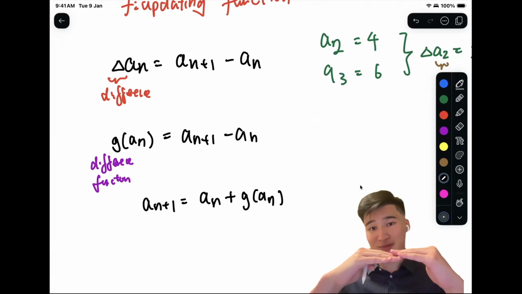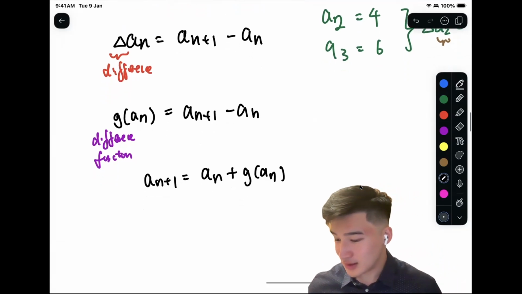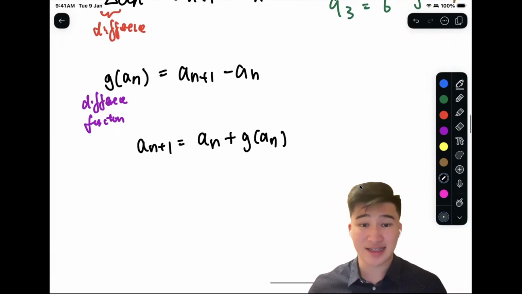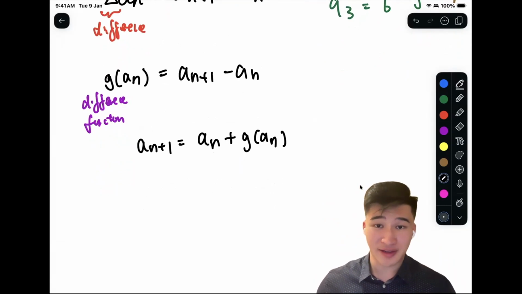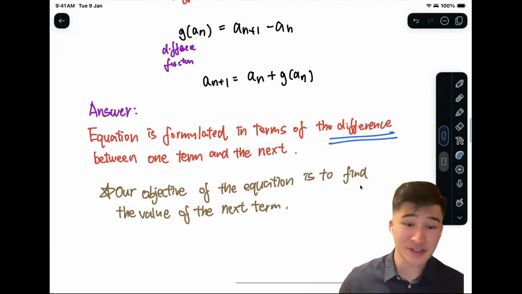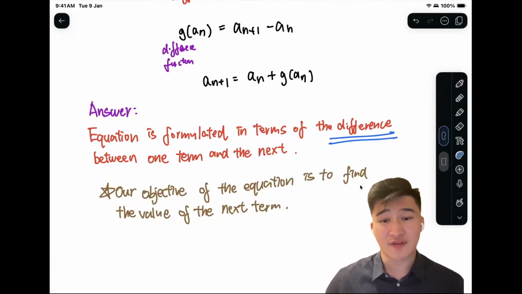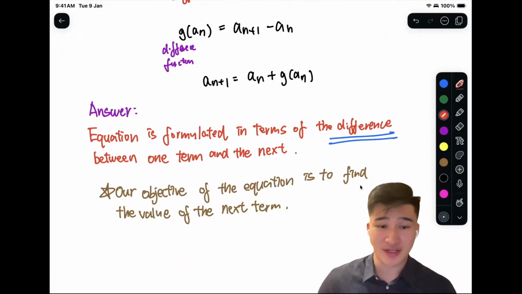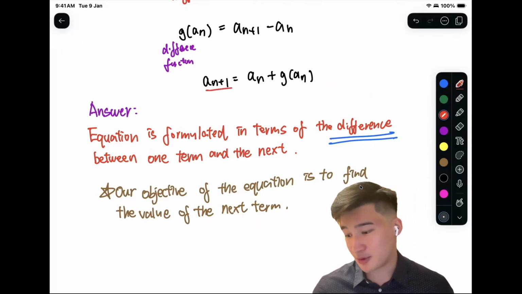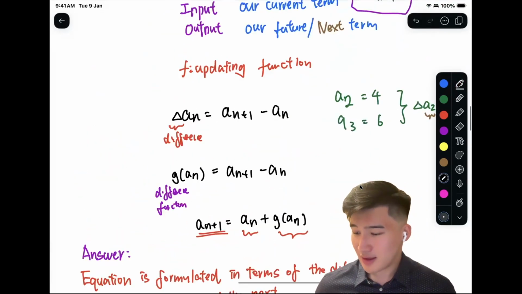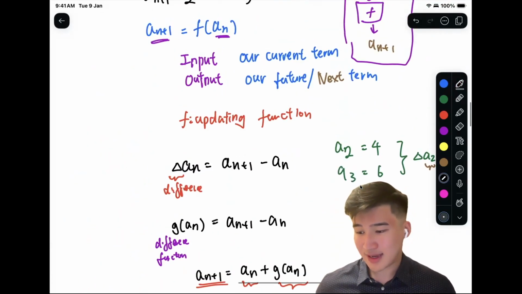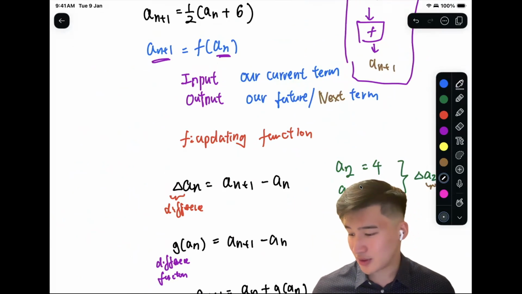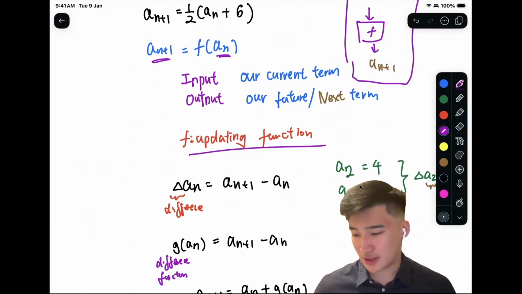So this makes perfect sense, and this is exactly why it is called a difference function. And as you can see, the equation is formulated in terms of the difference between one term and the next. Our objective is to find the value of the next term. Remember that a(n+1) is actually a function itself. It is what we call our updating function.